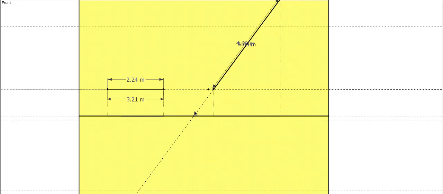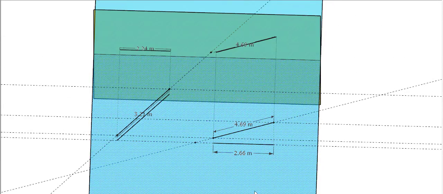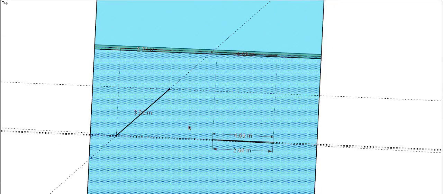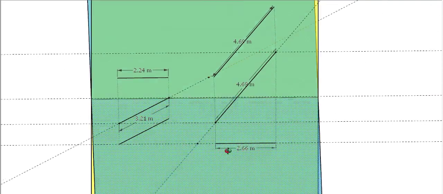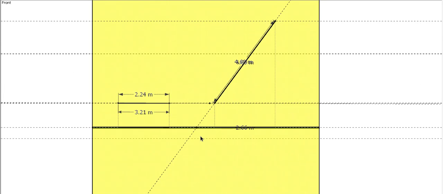So for the sake of understanding, when we are viewing from the top, we will mark this particular point as HT, and in the corresponding front view we will mark it as small h dash.